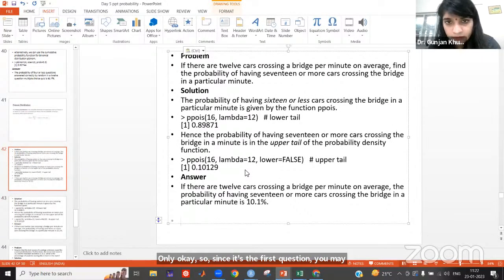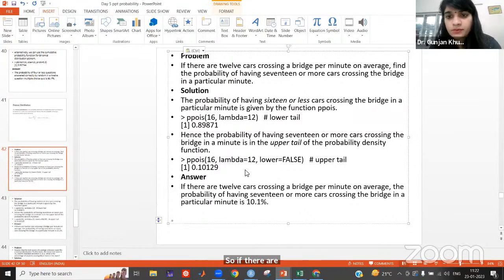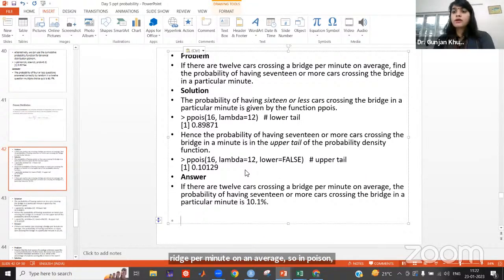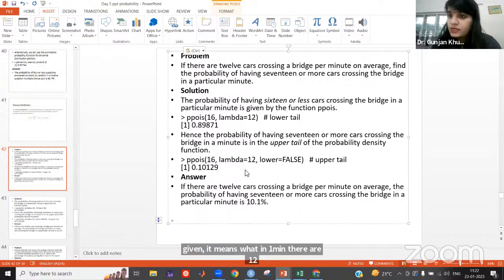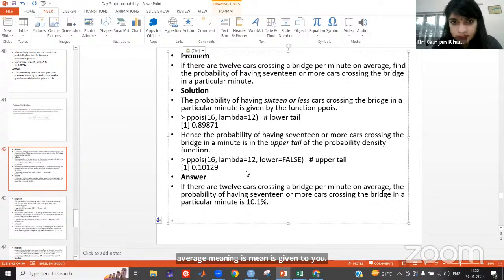If there are 12 cars crossing a bridge per minute on an average, in Poisson distribution, when the words on an average are given, it means in 1 minute there are 12 cars on an average, meaning the mean is given to you.